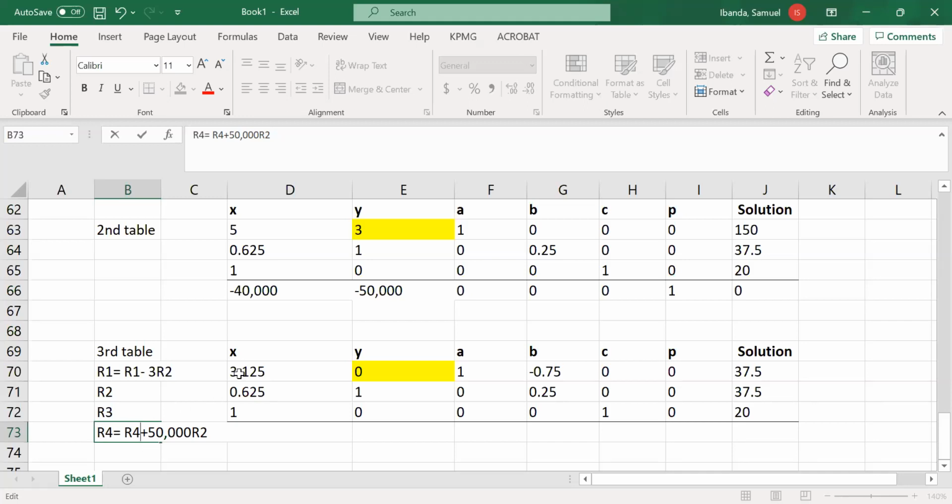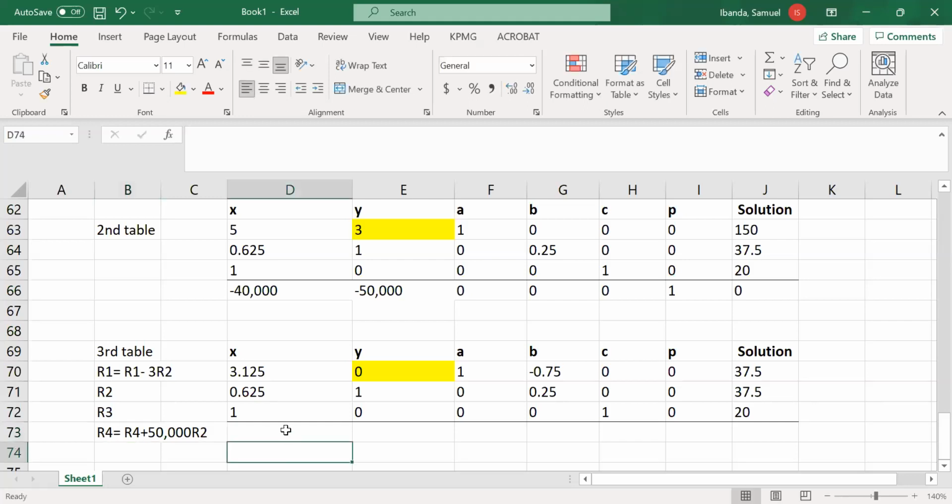You don't have to write it because you're going to apply this on every column. So R4 plus a positive 50,000 R2, because this is negative 50,000. So what can be added here is 50,000 times R2, because R2 is 1. When you multiply it by 50,000, you come to 0.